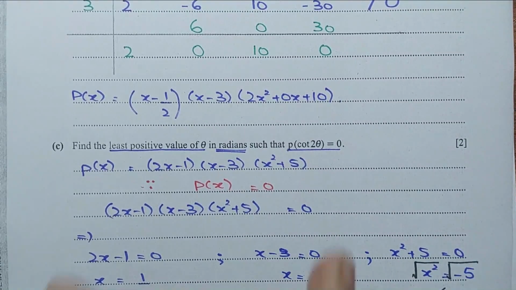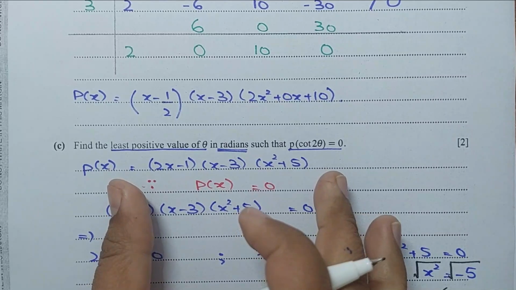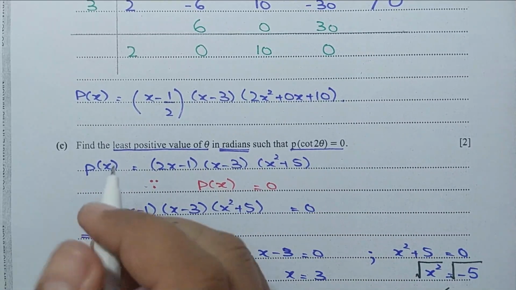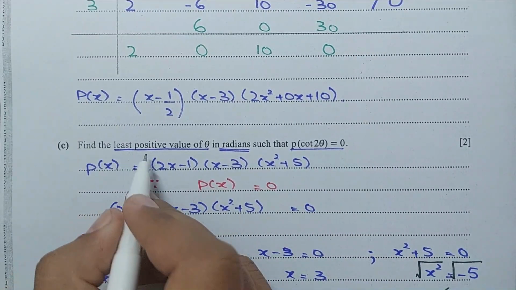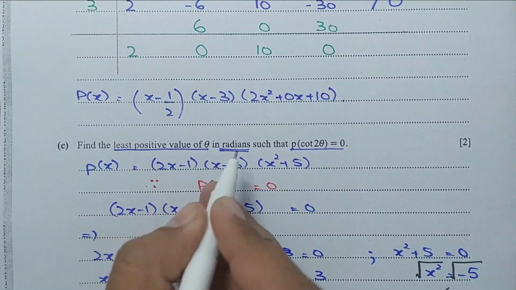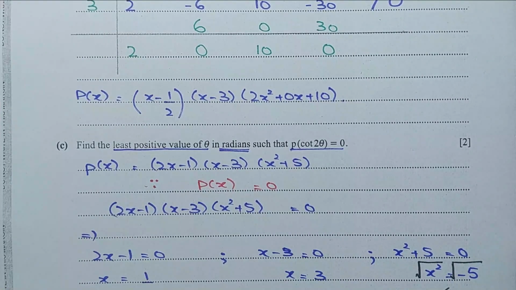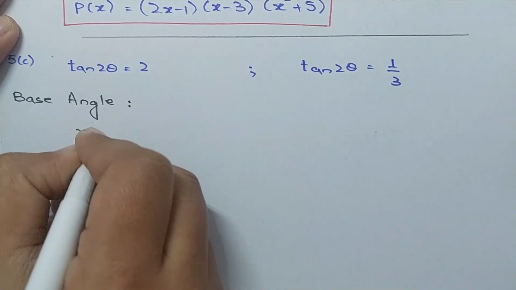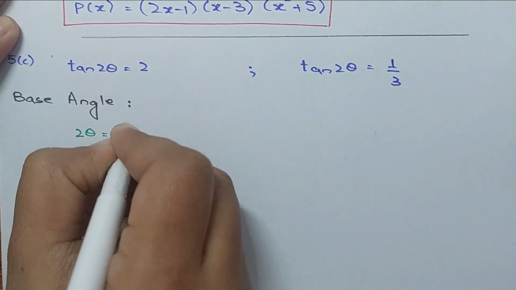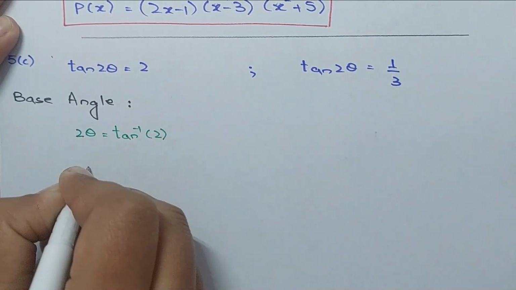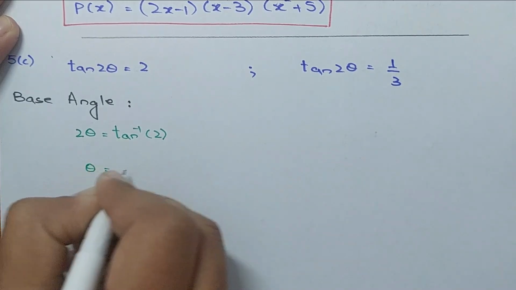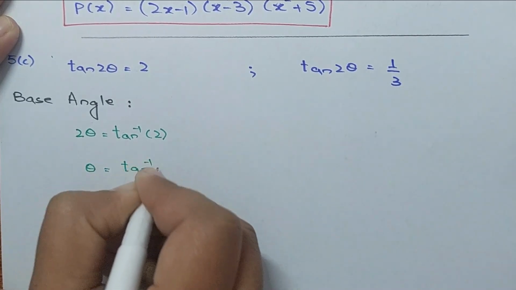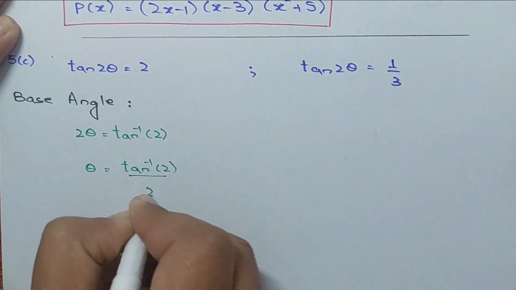Okay, now we do not have given any domain, right? What is a range for theta? We just need to figure out the least, and it should be a positive value of theta, and it must be in radians, right? So the base angles in both cases are: 2 theta is tangent inverse of 2, and theta would be equals to tangent inverse of 2 divided by 2.